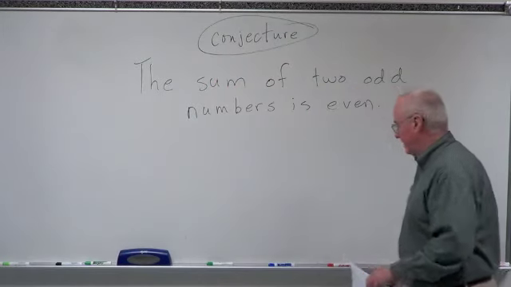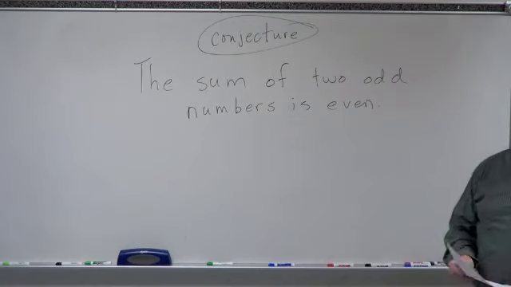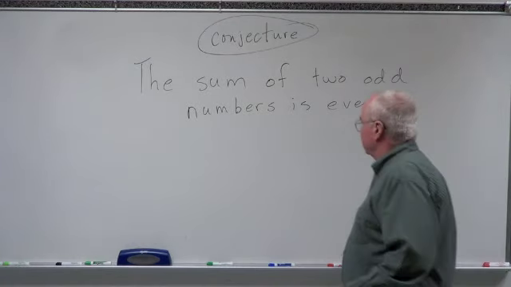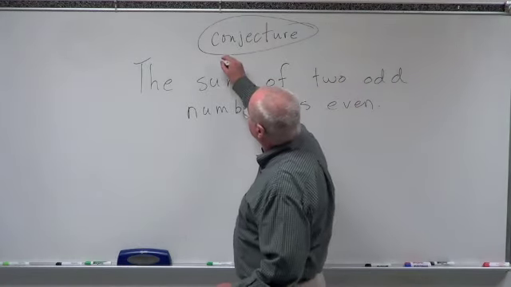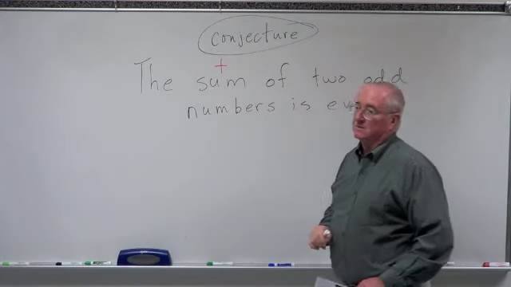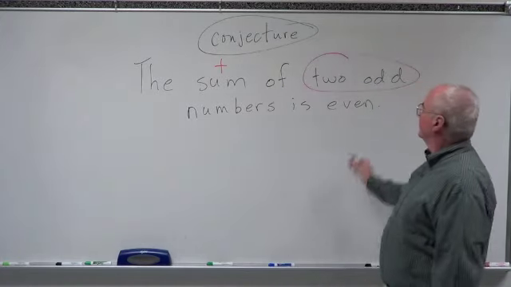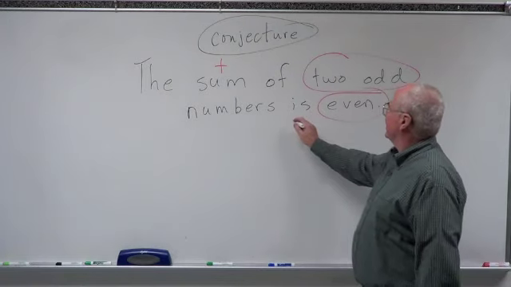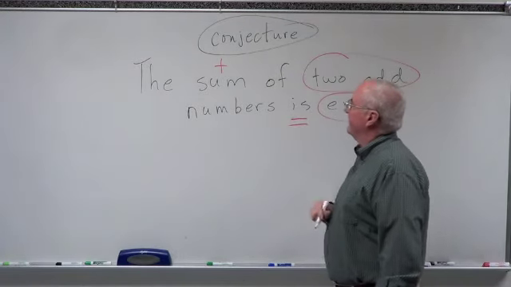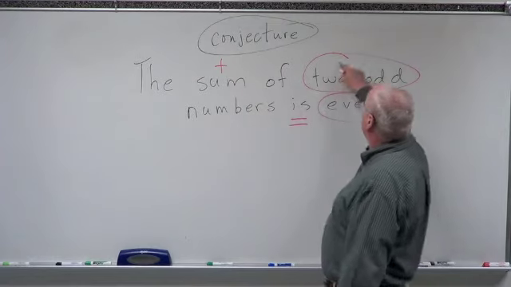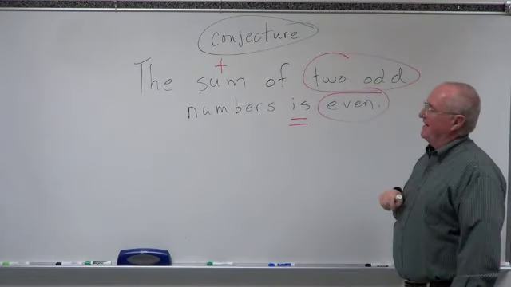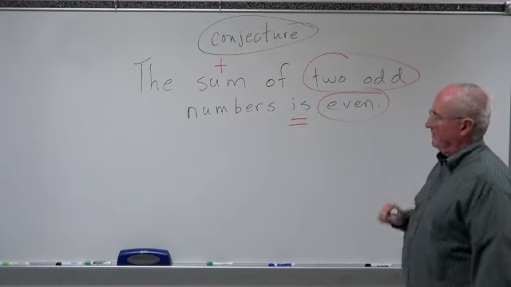Can we come up with a counterexample? Sum means what? So we're going to add what? 2 odd numbers. Sum is another word for equals. So we're going to do addition of 2 odd numbers to see if the answer is even.